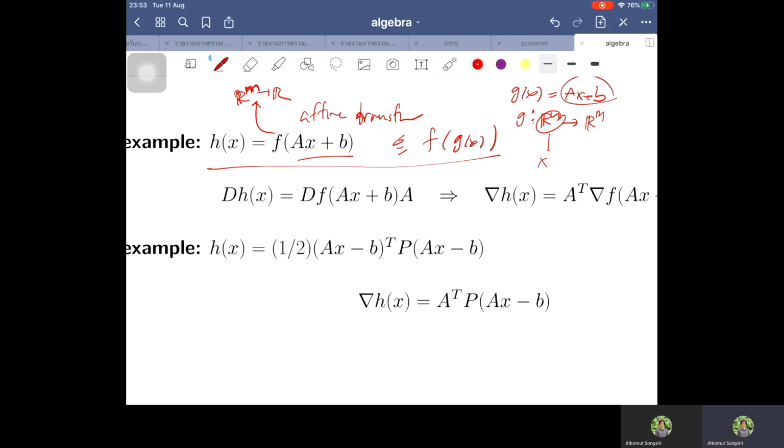The output of G has to be a vector in Rm so that it becomes the domain of F. I hope it's not confusing.